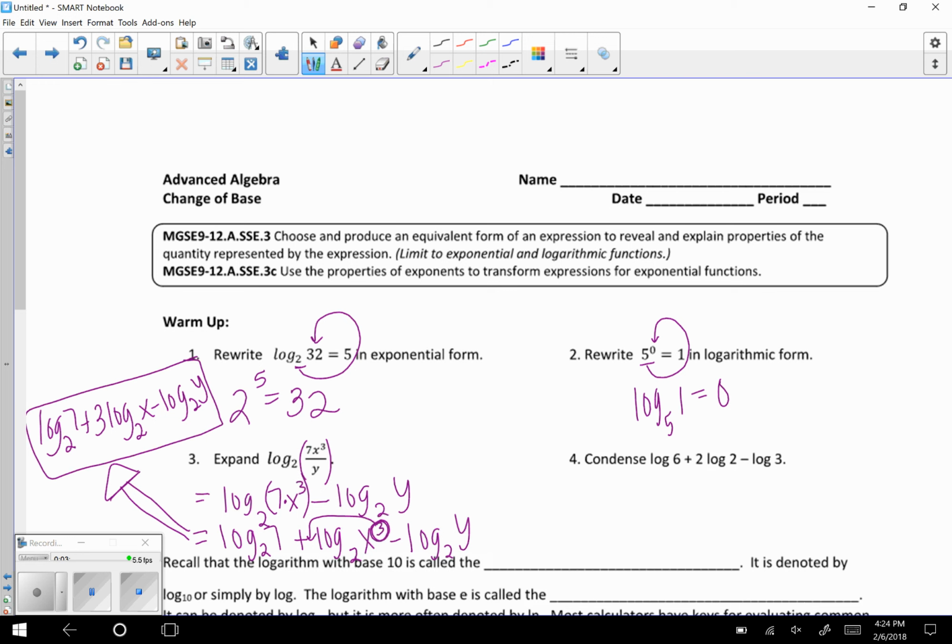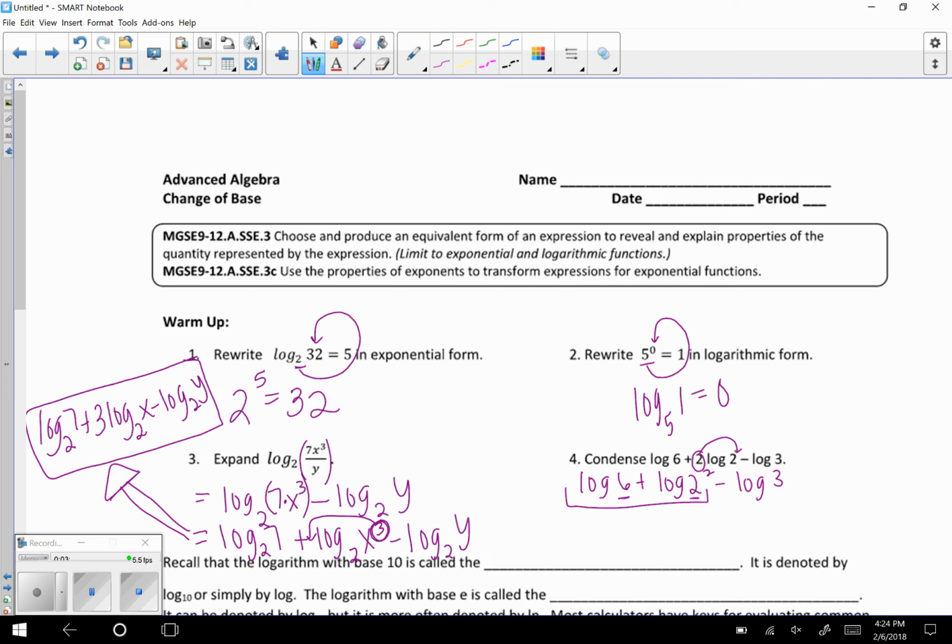Number 4, we're condensing. So the first thing we need to do is move anything that is in front. So that 2 could go to the power. So that would be log of 6 plus log 2 squared minus log 3. Now, can I combine these? So I got addition in the middle, so that means I want to take this number and multiply them.